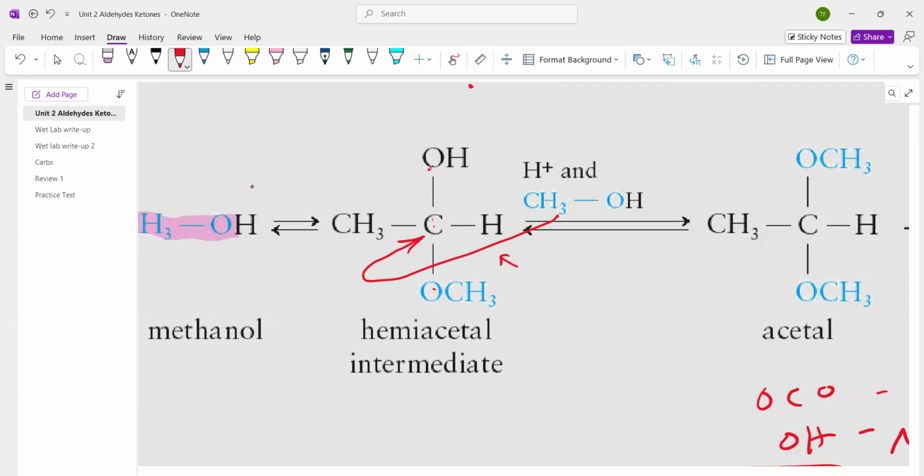Now we're going to find with carbs, the first alcohol and the second alcohol are different. And that's how small sugars are linked into a bigger sugar, through this reaction right here. And I'll show you that on Wednesday.